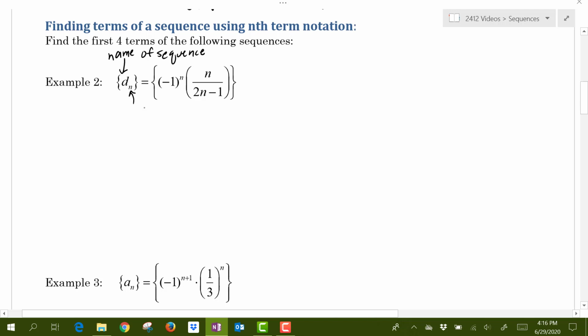N here is going to represent the term number. What we have on the other side of the equal sign in these brackets is going to be the formula to find terms. We call this the nth term notation.